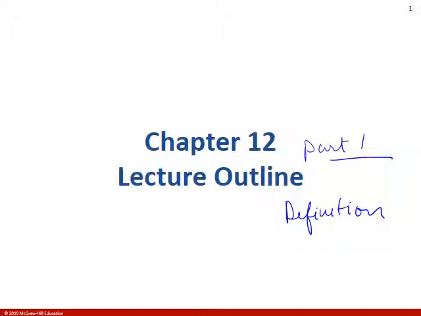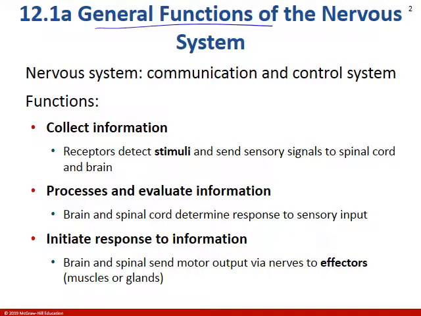So let's get started. Obviously, the general function of the nervous system is going to be communication and control. So we've talked so far throughout this semester about how the brain is going to collect information and process that information and then cause some sort of action to happen in the body. Way back in chapter 1, we talked about negative feedback, right? So there was some sort of receptor that detected a stimulus and then sent that information to the spinal cord and eventually the brain.